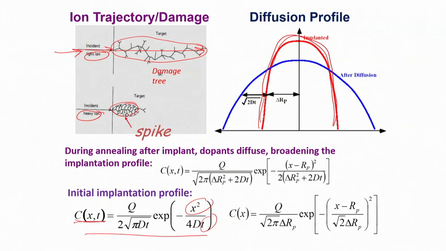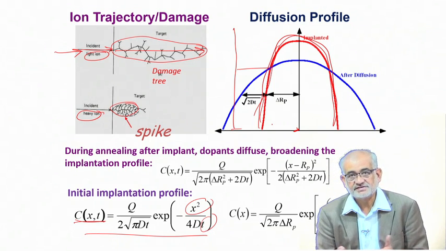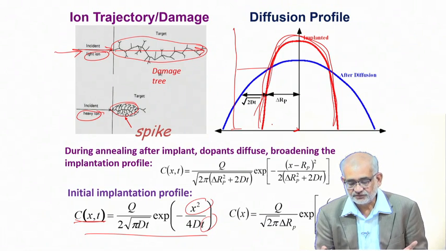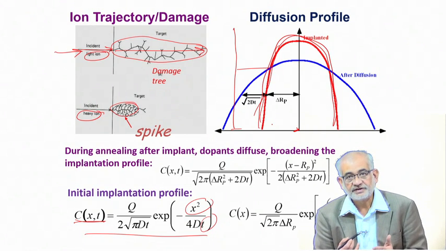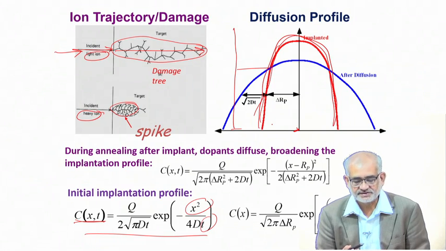So the as-implanted profile will be somewhat like this, typically Gaussian. The surface may be somewhere here, so the peak will be below the surface. But I did mention in the last lecture that during the process of implantation, you actually produce a large number of point defects, vacancies, free volume, and also vacancies or free volume with electrical nature, meaning if you have ionic compounds, you may produce Schottky or Frenkel disorders.